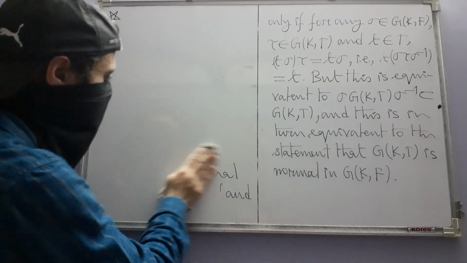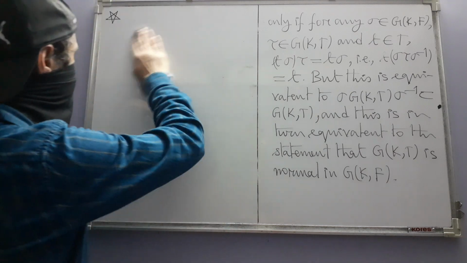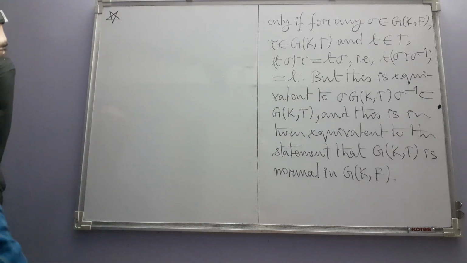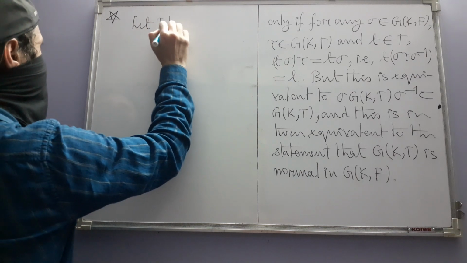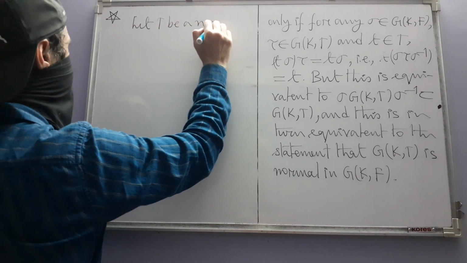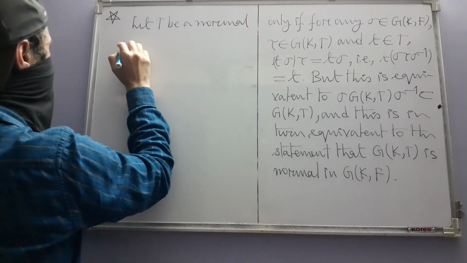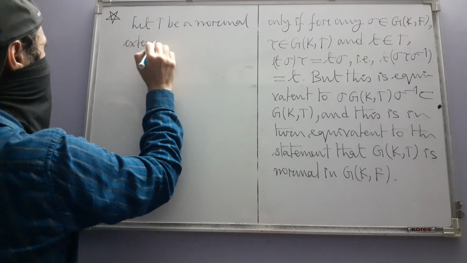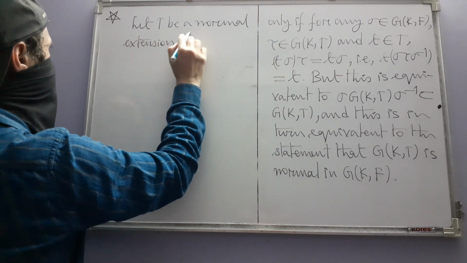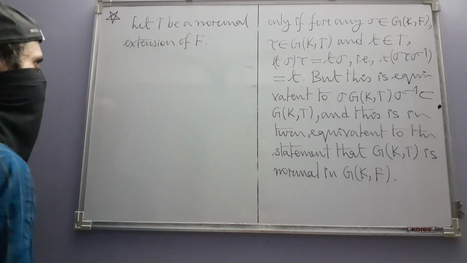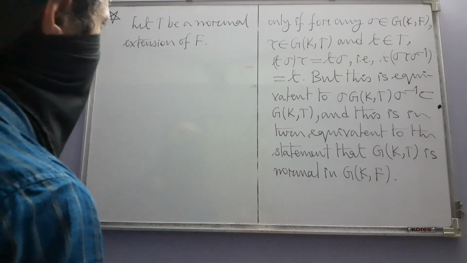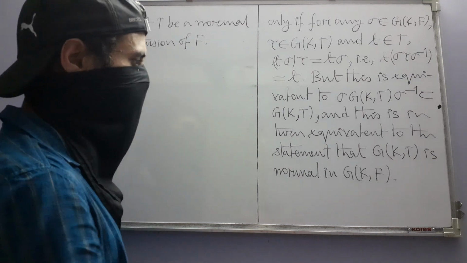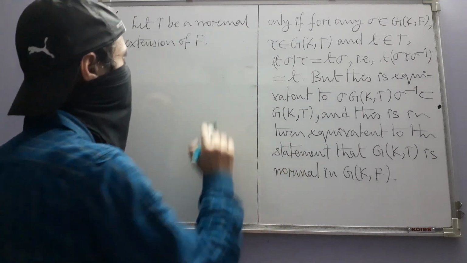In part 5 it is given that T is a normal extension of F. So let T be a normal extension of F. Okay, now we are going to choose an arbitrary element from the Galois group.